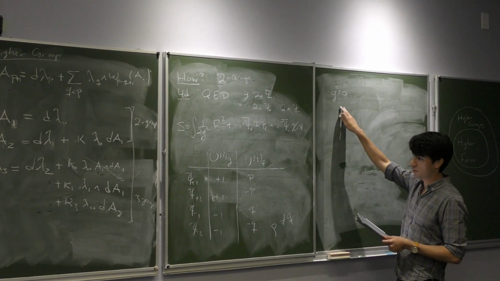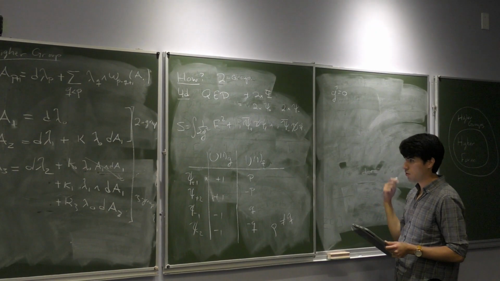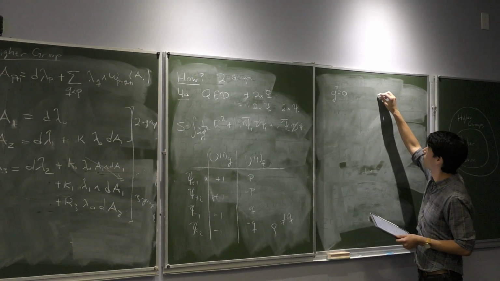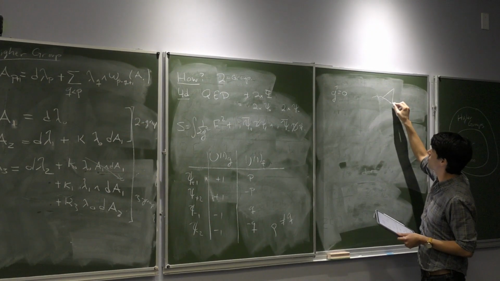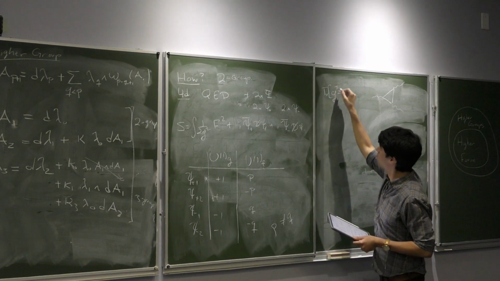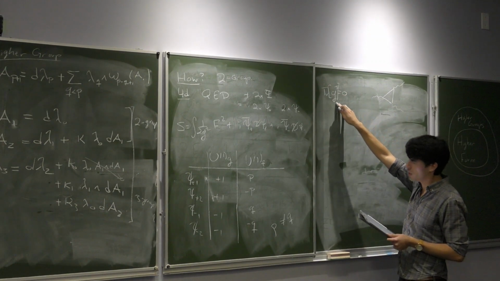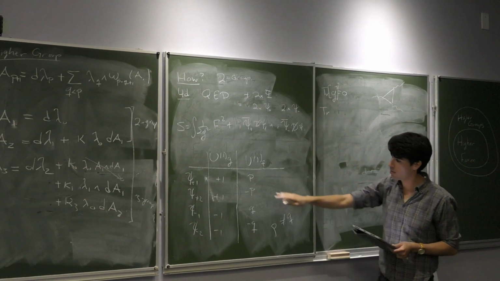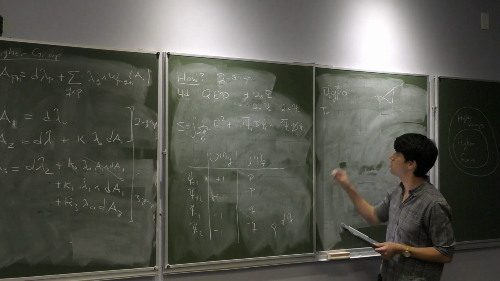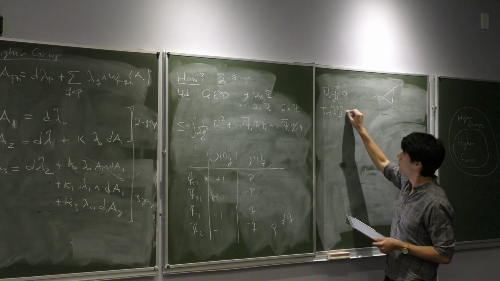Okay, so we can look at all of the anomalies. There are 4 possible anomalies. We can compute the triangle diagrams by just taking the trace of the generator cubed. The gauge anomaly is 0. Again, this is also a vector symmetry because these cancel against each other, so the trace of F cubed is 0.